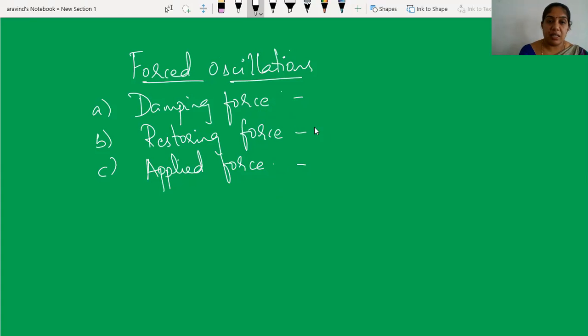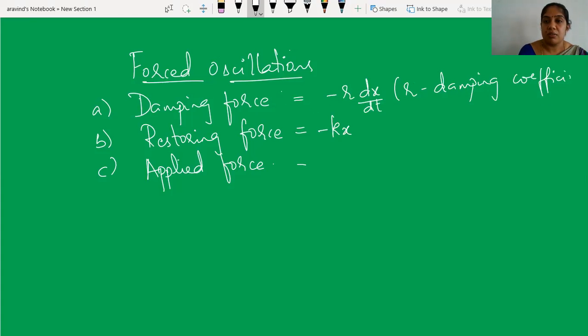So if I say let the restoring force be given by minus k into x, the damping force is given by minus r into dx by dt, where r is called damping coefficient and dx by dt is called velocity.